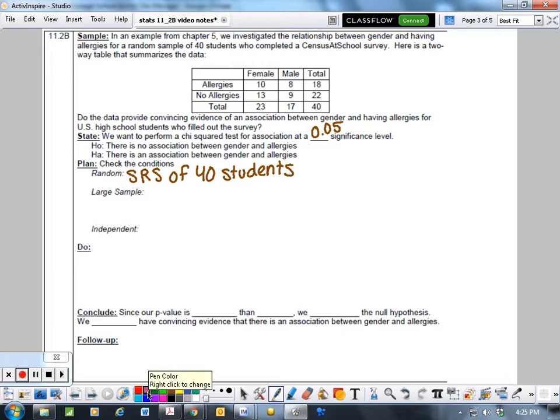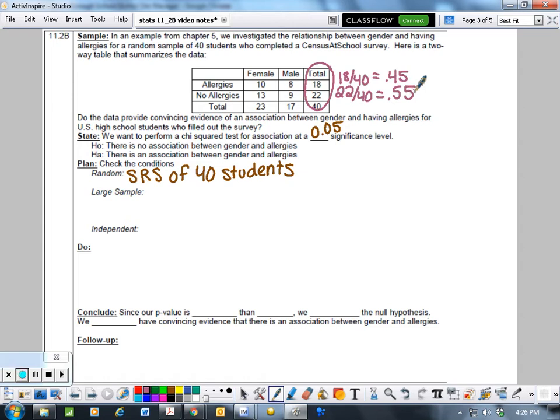So we're assuming gender is the explanatory variable, so we're going to look here. 18 out of 40 and 22 out of 40 will give us the proportions we need to help find those values. So 18 out of 40 is 0.45, and 22 out of 40 is 0.55.